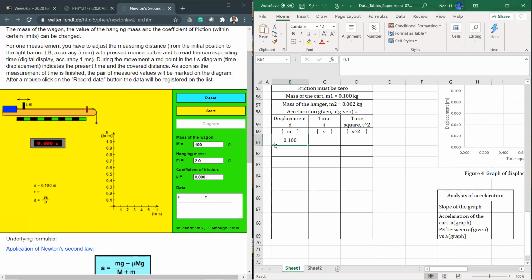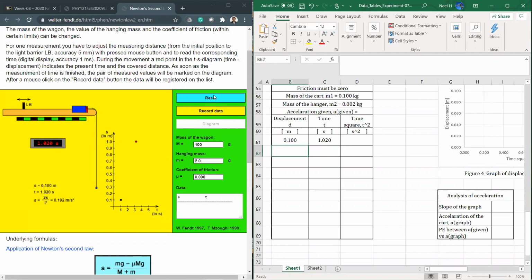All we need is the time to reach that point on the LB. So make sure wagon mass is 100 grams, hanger mass 2 grams, friction coefficient 0. Click start. Then all you have to write down is the time, in this case 1.02.